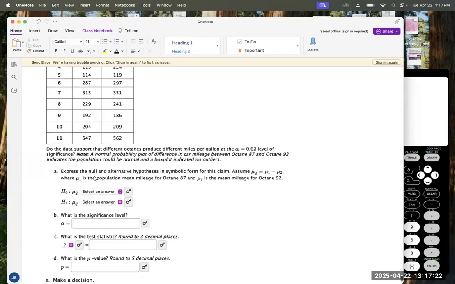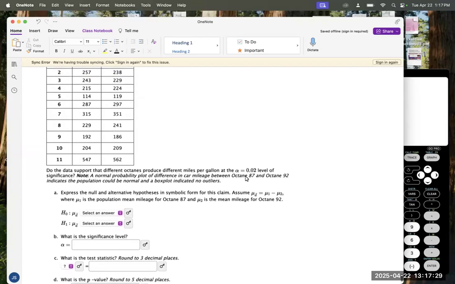They ask us to express the null and alternative hypothesis in symbolic form for this claim. When I'm trying to find the null and alternative hypothesis, I'm really looking for the alternative hypothesis because that's usually the only one we can find keywords for.